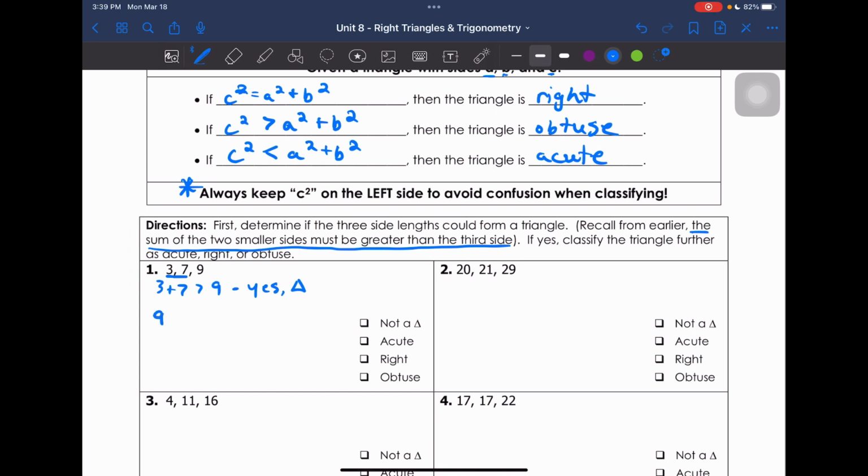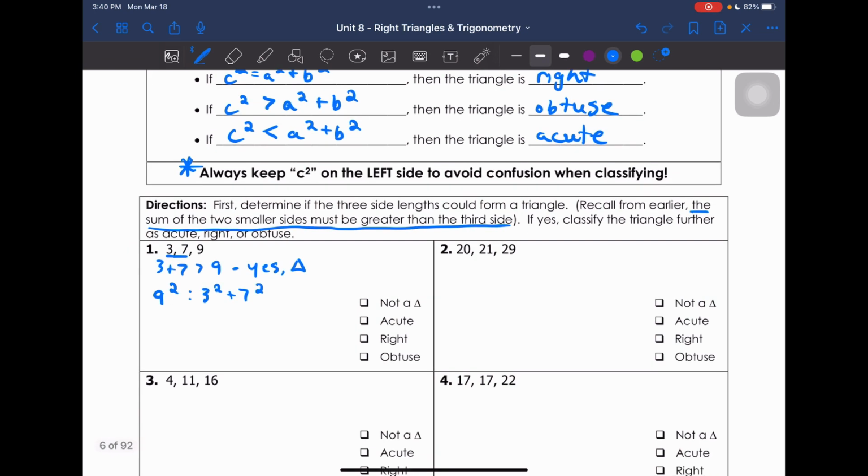So I'm going to say 9 squared. And instead of putting equals, I'm just going to put the colons because we don't know if it's going to be equal. It might be greater than, it might be less than everything that's on the other side. So I'm just going to put that there for now. And then I'm going to do 3 squared plus 7 squared. So let's go ahead and simplify this. 9 squared, or 9 times 9, is 81. 3 squared is 9, and 7 squared is 49.